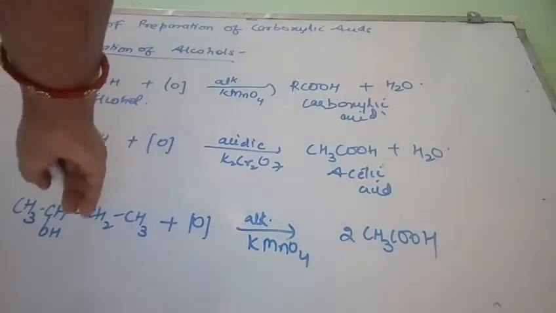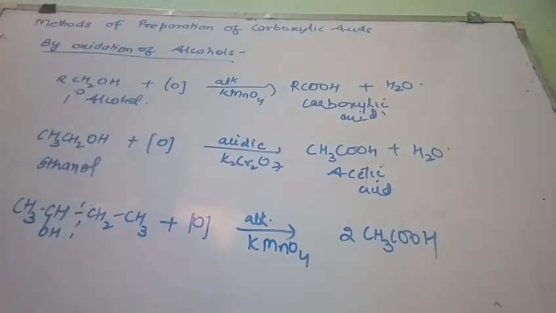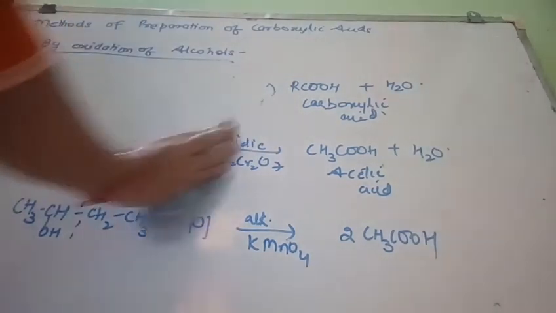The bond will break from here and you will get 2 moles of ethanoic acid. Understood? So this is how primary alcohol gives the same number, whereas secondary and tertiary alcohols give carboxylic acid containing a lesser number of carbon atoms. Now the second method is by the oxidation of aldehydes.